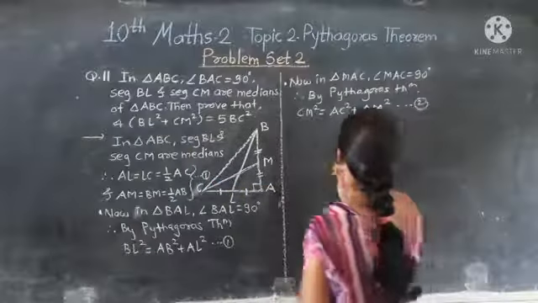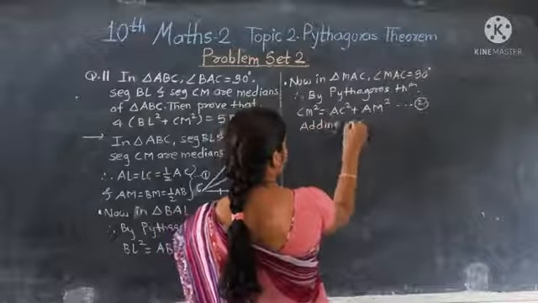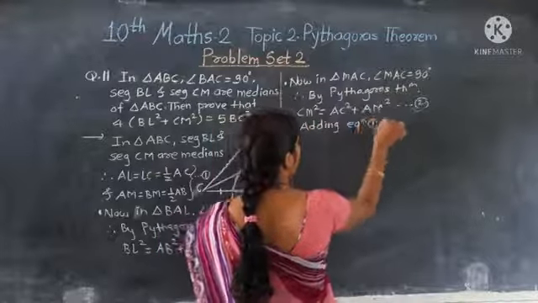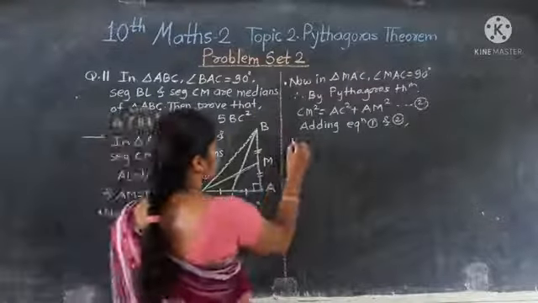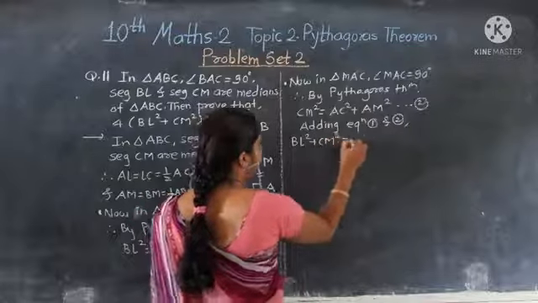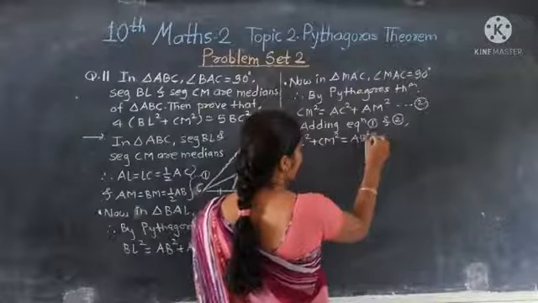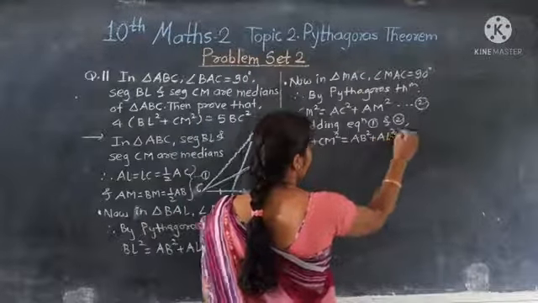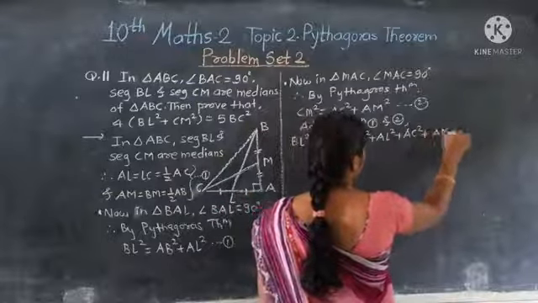So we add equation 1 and 2. Adding equation 1 and 2, we get, see what we get, BL square plus CM square is equal to AB square plus AL square plus AC square plus AM square.